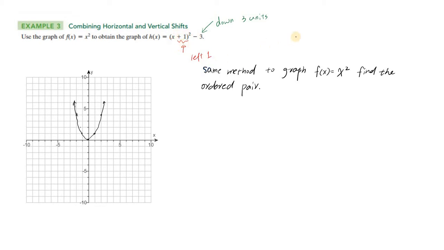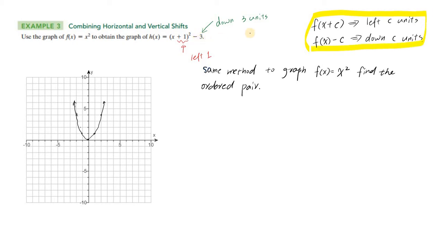It's a horizontal shifting. That is the form, so that is left c units. And then here the green part is f of x minus c form, and that is down c units. So that is where that comes from, if you want to recall this part.